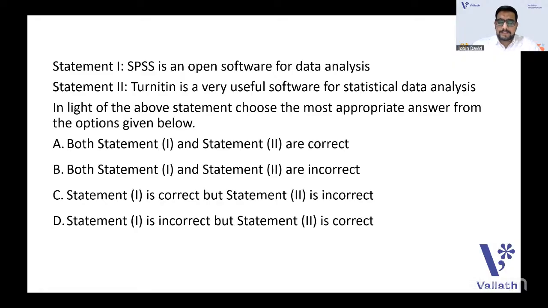See, guys, 1 and 2 are incorrect. 1 is not correct because SPSS is not an open software for data analysis. It is a paid software. Open means it's free. Turnitin is not a useful software for statistical data analysis.